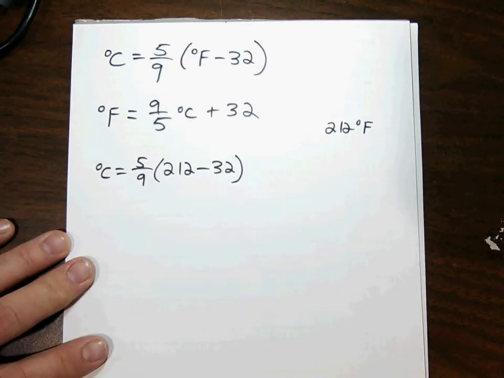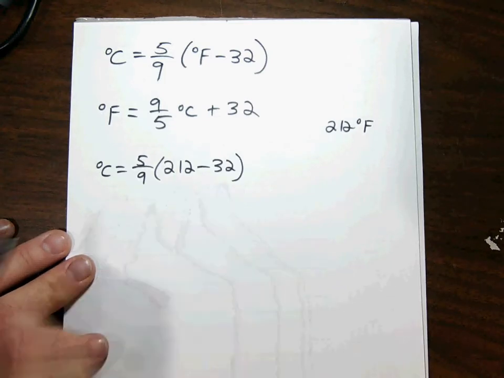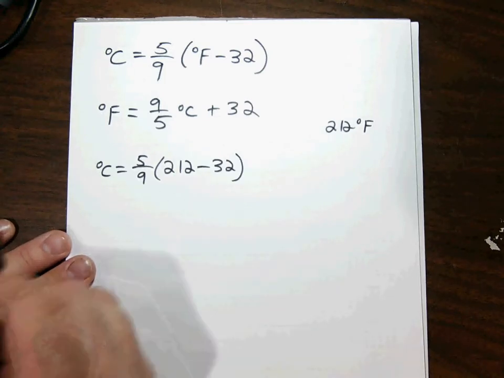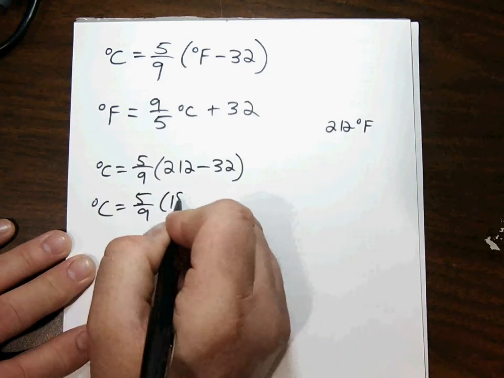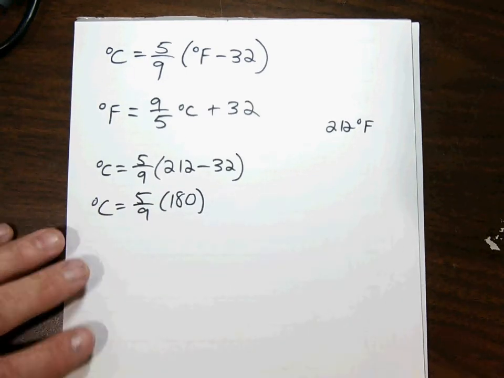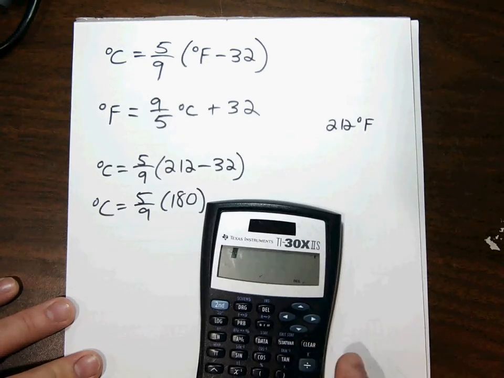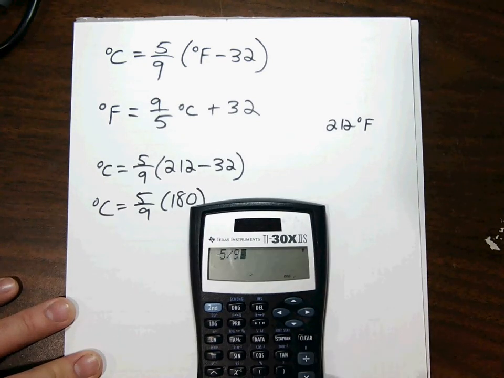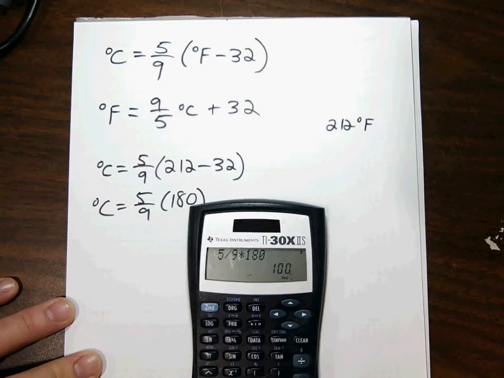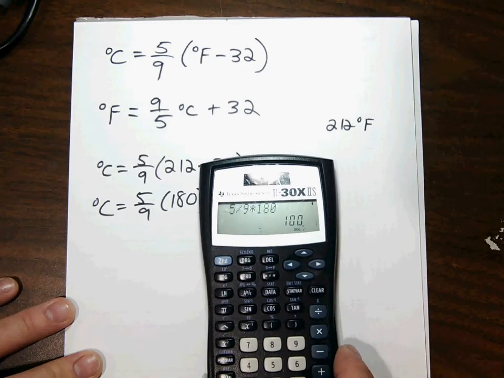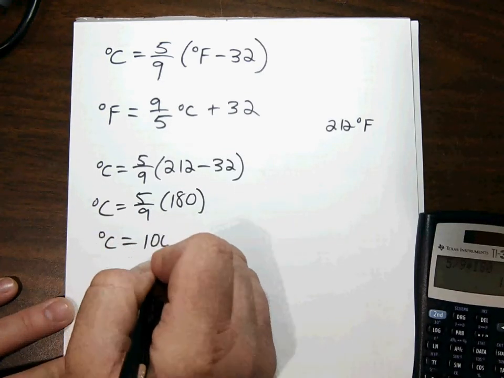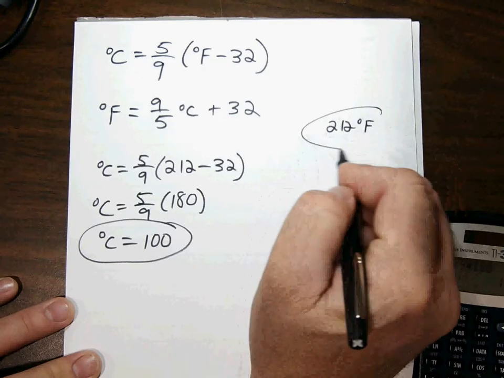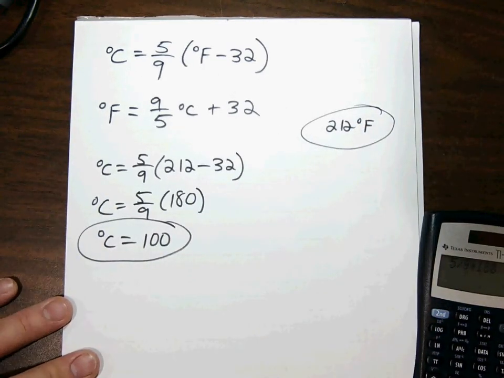Well, 212 minus 32 is 180. 5/9 times 180: we take 5 divided by 9 and then times 180. What do we get? 100. So 100 degrees Celsius is the same as 212 degrees Fahrenheit, the boiling point of water.